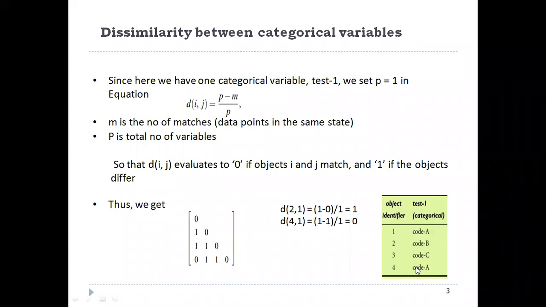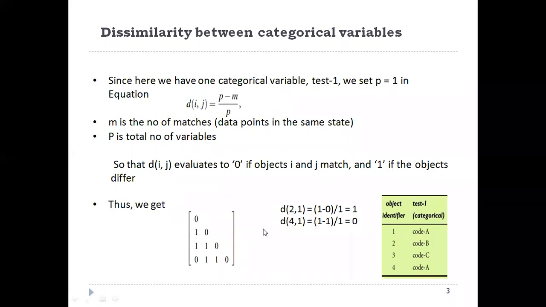It's actually similar, right? So M is going to be 1 because the number of data point matches is 1. So 1 minus 1 divided by 1 is going to be 0. So the distance between 4 and 1 is 0.